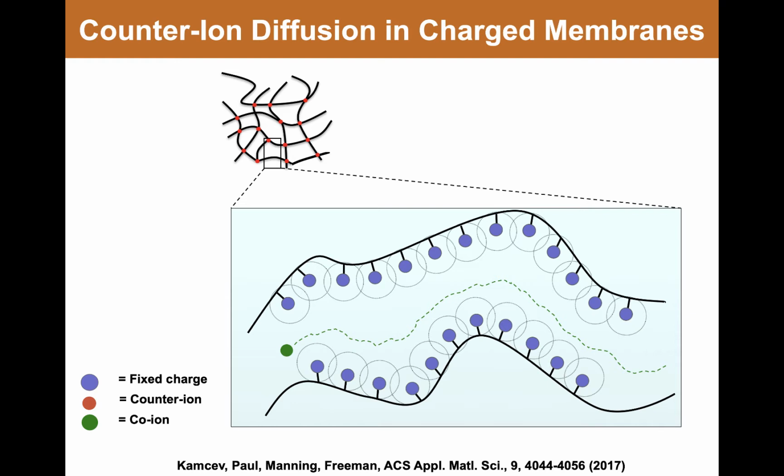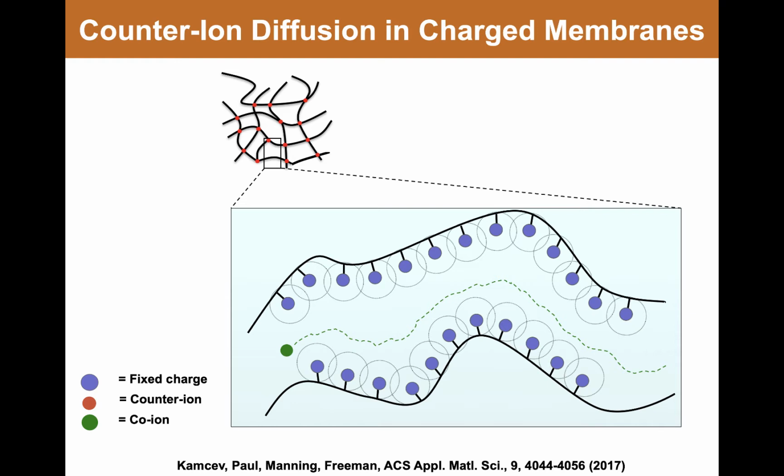And this makes us wonder if there is an additional mechanism of transport of the counter-ions in these charged membranes, given the work that Manning has done to show the importance of counterion condensation on polyelectrolyte properties and how well that works in ion exchange membranes to predict sorption. It might not be surprising that the counterion condensation is giving an additional mechanism for ion transport in these materials.